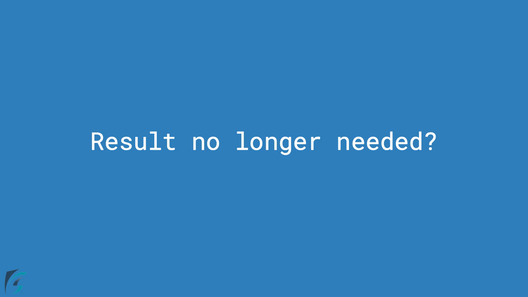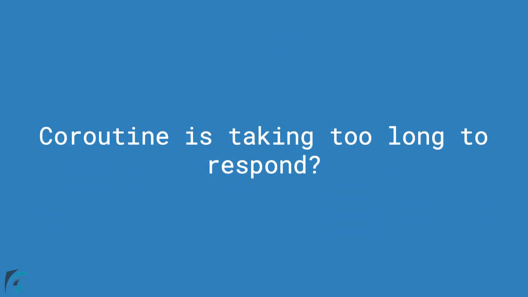In that case, you can cancel the coroutine. If the coroutine is taking too long to perform a task, then you can cancel that coroutine and find another way to execute the same task. In short, the reason of cancellation could be anything. So let's explore how to cancel a coroutine.